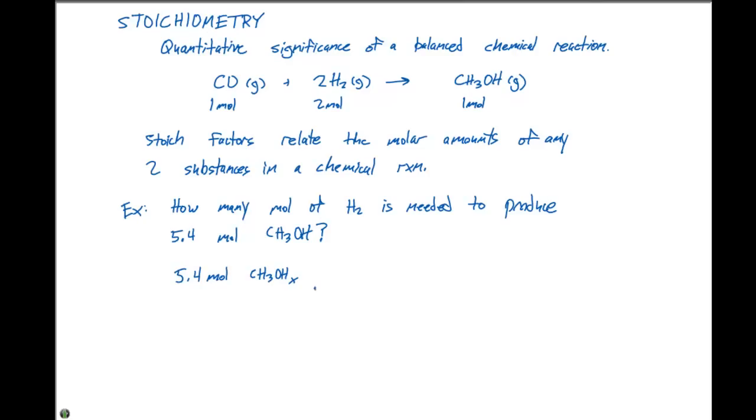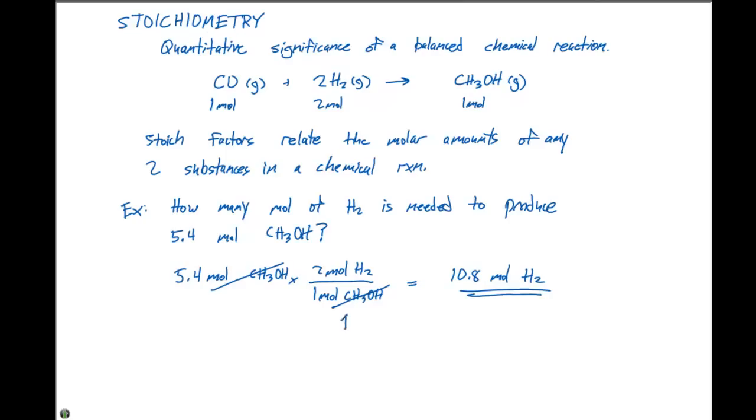So for every 1 mole of CH3OH that is produced, we are going to need to consume 2 moles of H2. So the moles of CH3OH cancel, and this is going to give us 10.8 moles of H2.